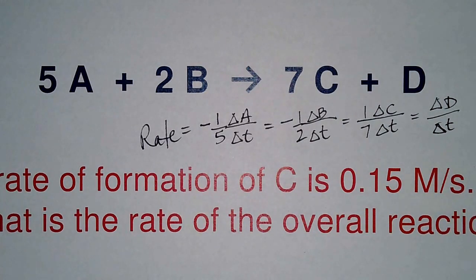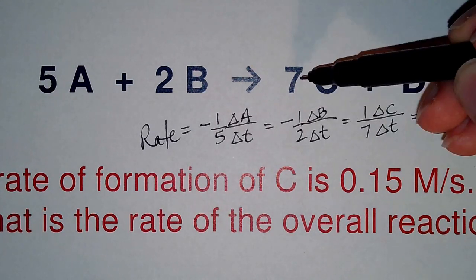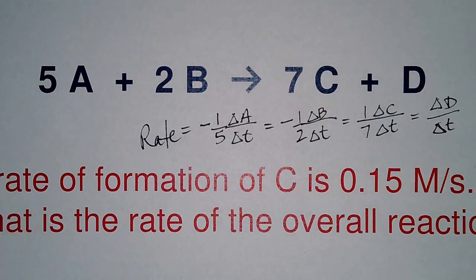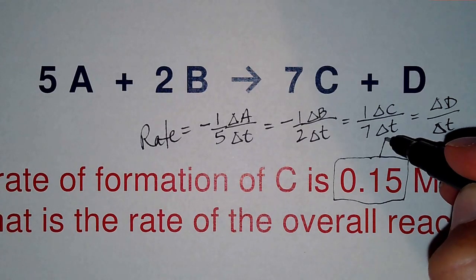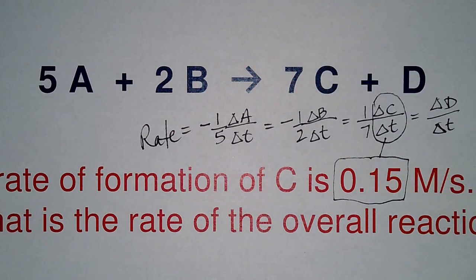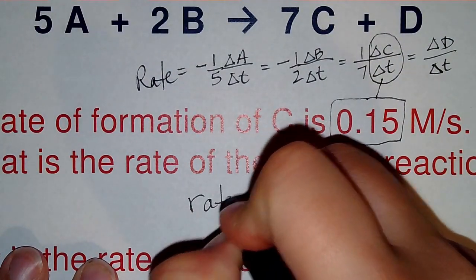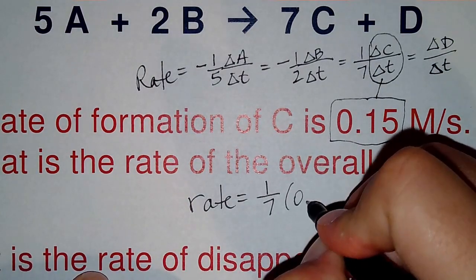Remember, this equation comes from the idea where we have the reciprocal, or 1 over the coefficient, multiplied by the rates of each to set them equal to one another. Since I know the information for C, this number can be plugged in for this relationship, so I can then use it to compare to anything. That means my rate for the reaction is going to be equal to 1/7 of 0.15.